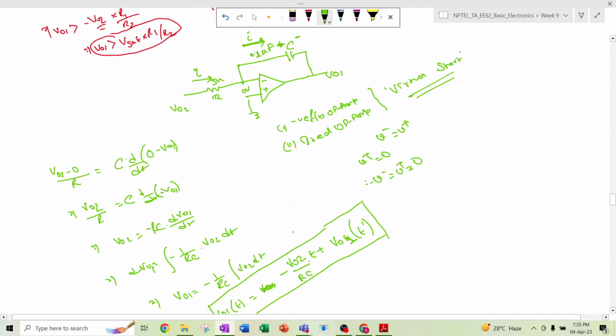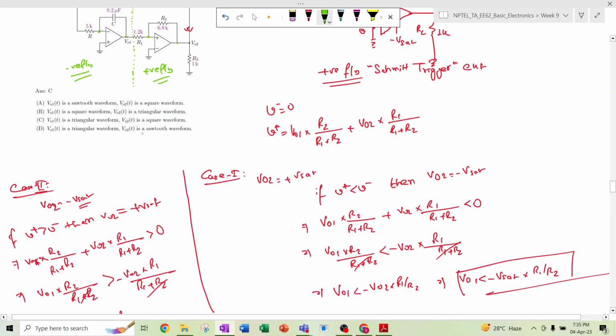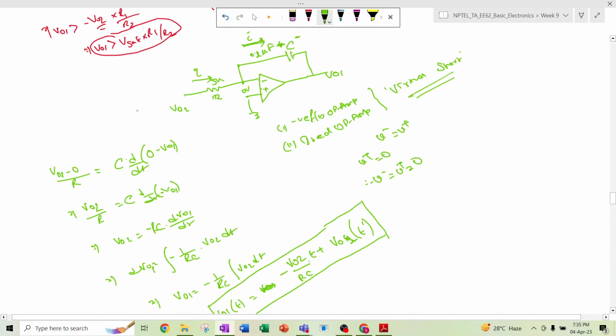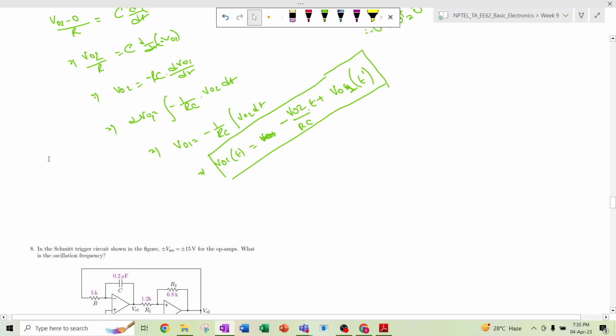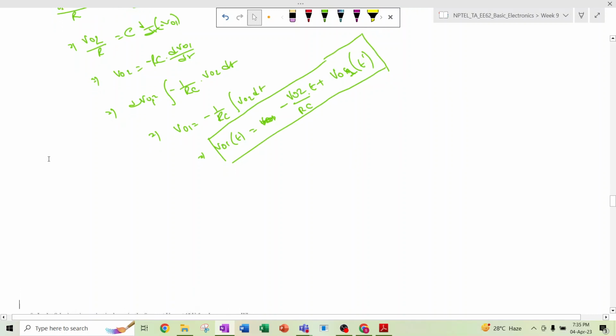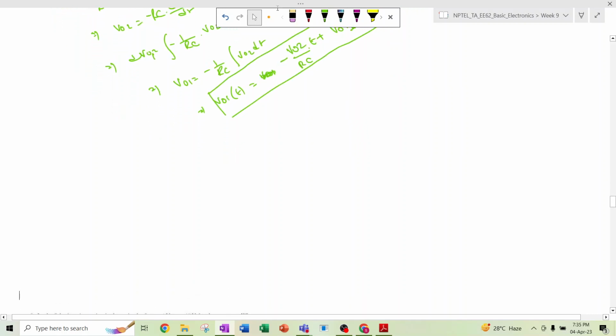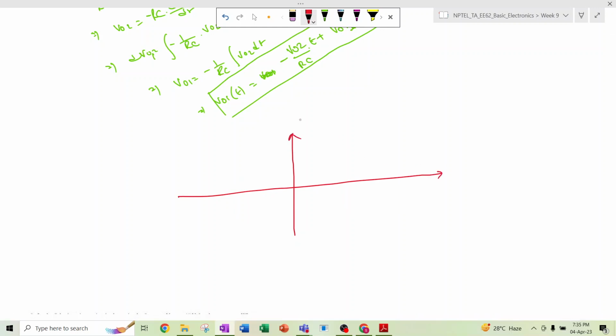So what is the given question? The question is, if we plot VO1(t) and VO2(t) with respect to time, how will it look?